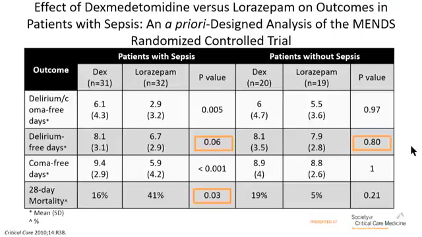However, there is no specific benefit with delirium-free days. Also, something that is intriguing yet should be interpreted with caution, as this was a subgroup analysis, was the mortality benefit in patients with sepsis that received dexmedetomidine versus lorazepam, which further brings in the potential for anti-inflammatory, immune-mediated reactions. Is that something that is coming into play here?